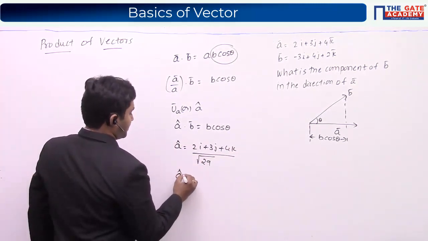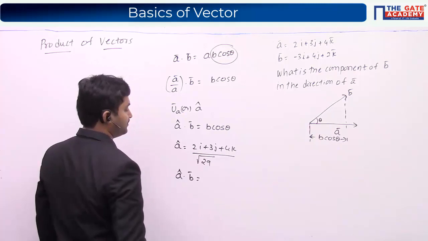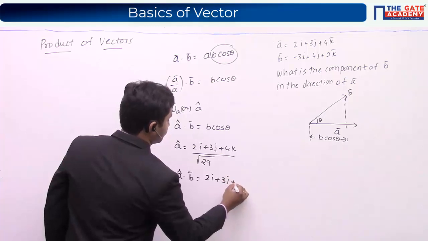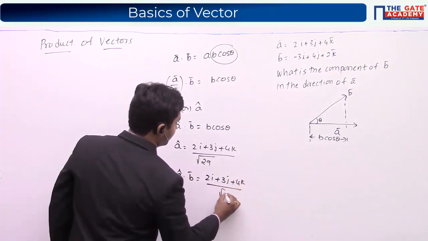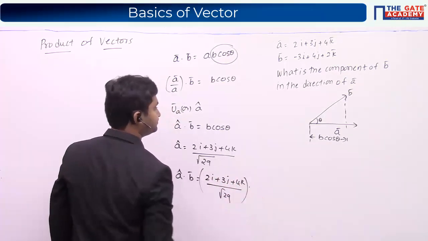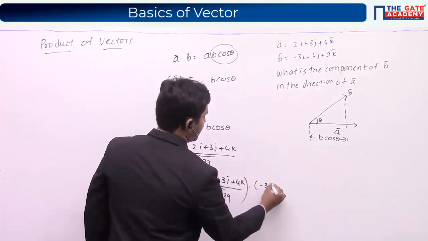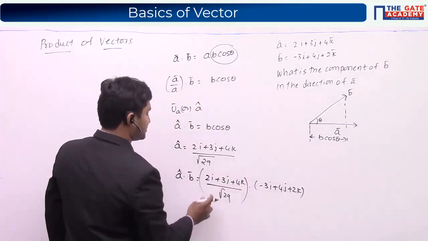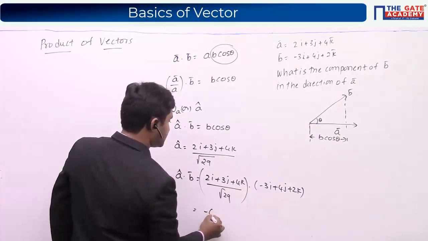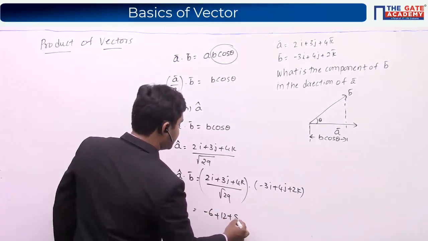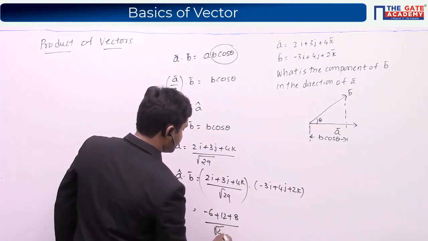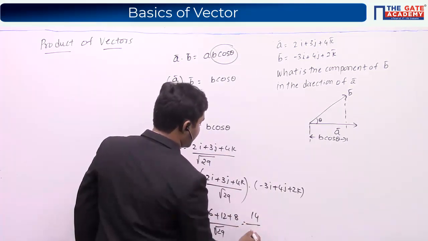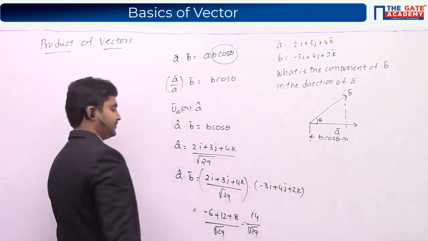So A cap dot B bar is given by 2i plus 3j plus 4k divided by under root of 29, dot minus 3i plus 4j plus 2k, which is equal to minus 6 plus 12 plus 8 divided by under root of 29. So it is 20 minus 6, which is 14 by under root of 29. You can calculate the value of it.